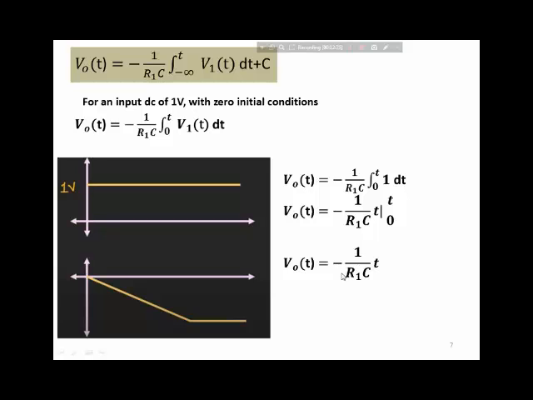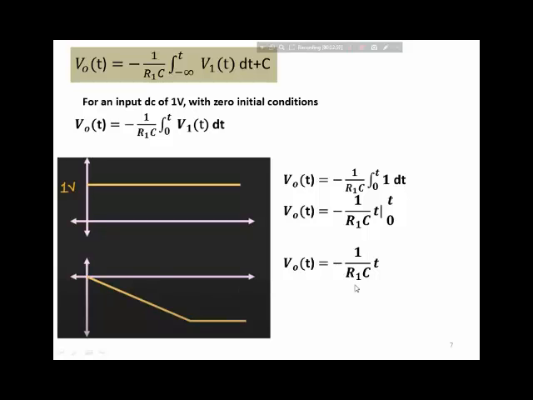where the output is a function of t. As t increases, the output magnitude would start decreasing because it is multiplied by a negative. So at t equal to 0, the output would be equal to 0.